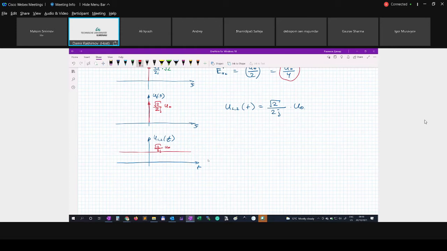We need to draw this spectrum in the corresponding low pass range, and we perform the transformation with respect to frequency fc. And then we need to determine the signal in the time domain. So first we have the spectrum in the band pass range. We perform the band pass to low pass transformation, and then we need to find the signal in the time domain of the resulting low pass signal.